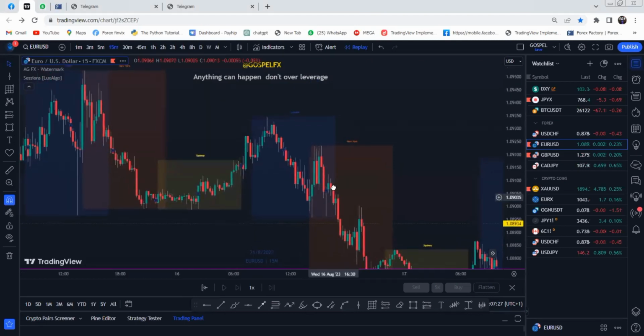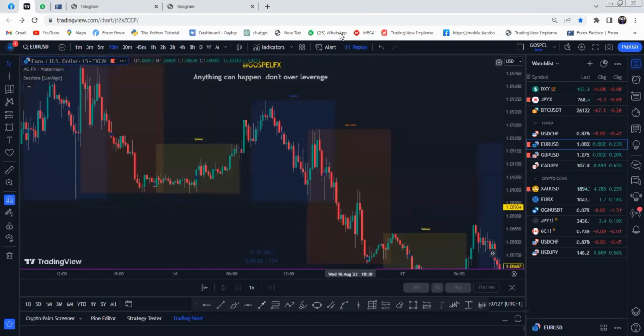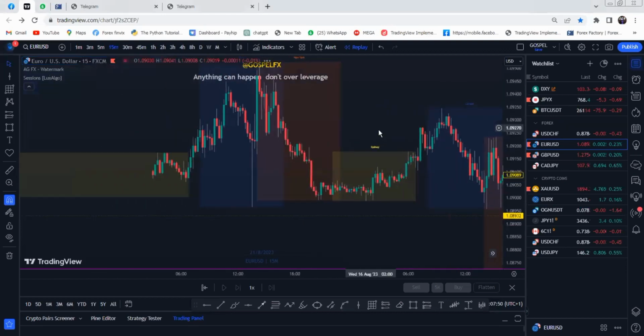Now, let's look at this point again. This is the same thing here. During the Asian session, price was barely going anywhere. And when the London session opened with the blue box here, you notice price started dropping down, and then it started trending during the London session and the New York session.